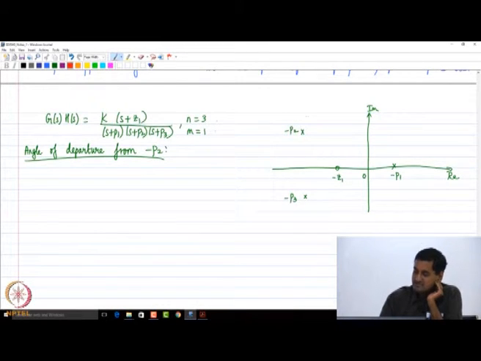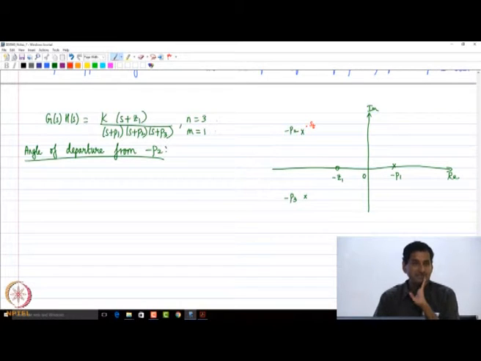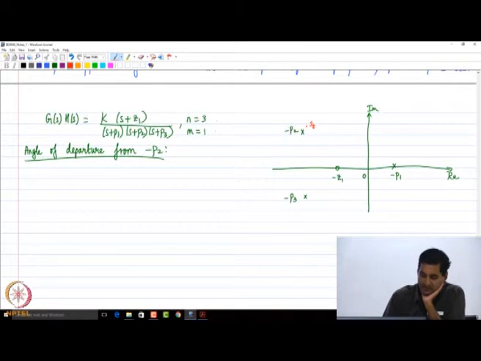For this, let us take a test point s_t which is very close to -p2. Now, what is the angle condition?